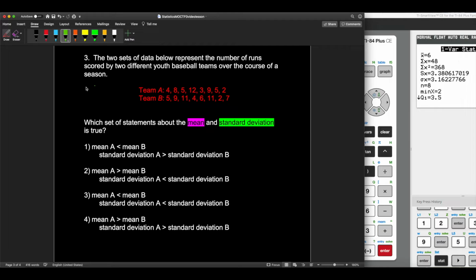Okay. The mean 6. Standard deviation, sloppy symbol, I apologize, is 3.1622776. Guys, 3.16 is fine for this. 3.16. Okay, and there you go. Now we need to do Team B. Go back to your calculator.